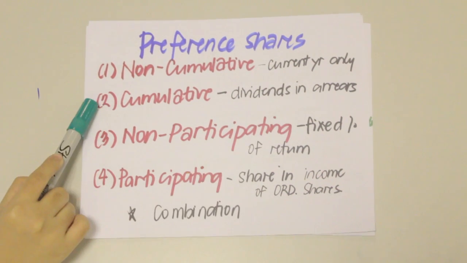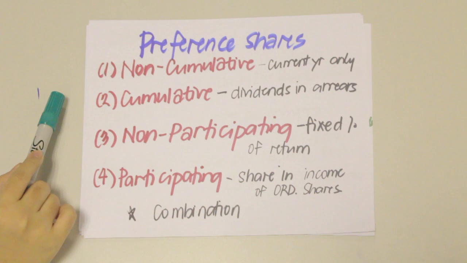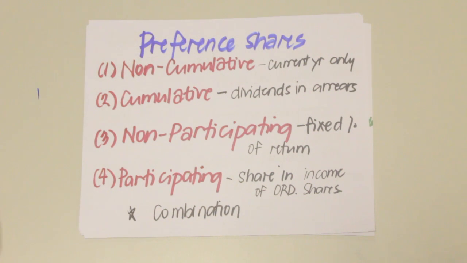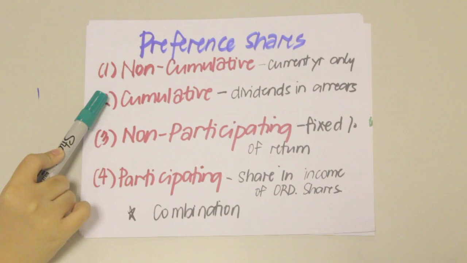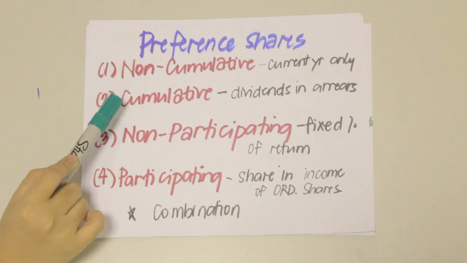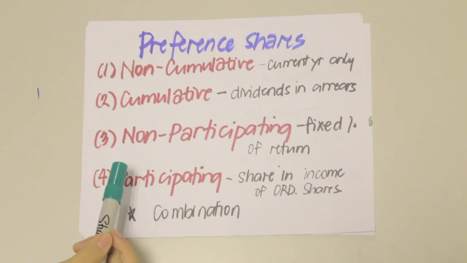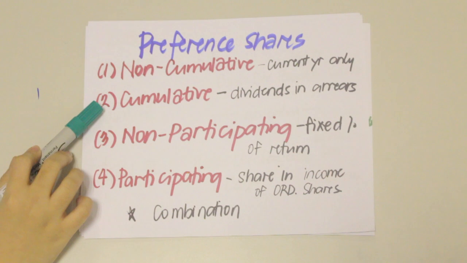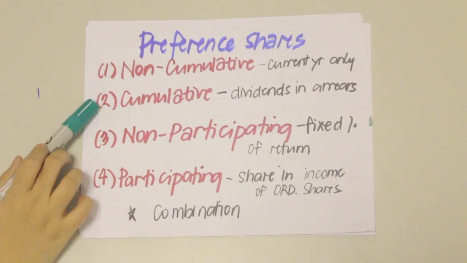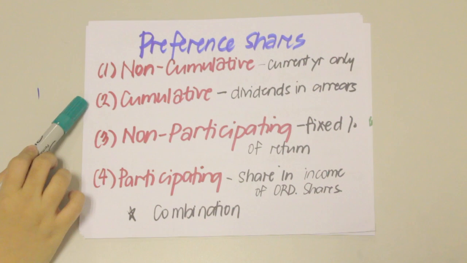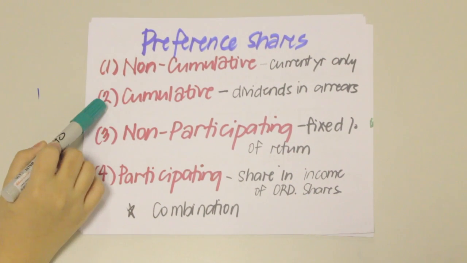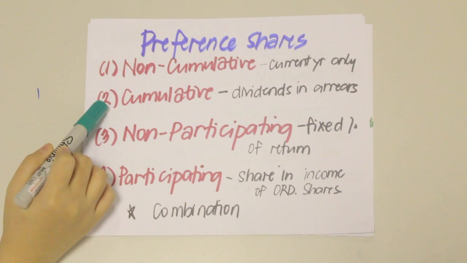So this means that if a company does not declare dividends for the previous years, the preference shares would be entitled to them once the company finally declares dividends. So for example, if company A does not declare dividends for years 1 and 2 but declares a dividend on year 3, a cumulative preference share would be entitled to 3 years worth of dividends.